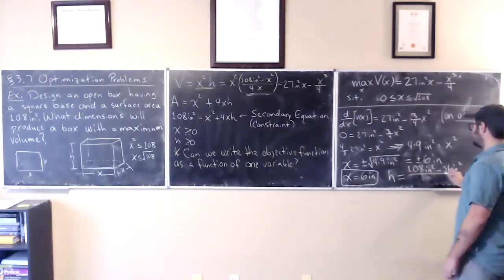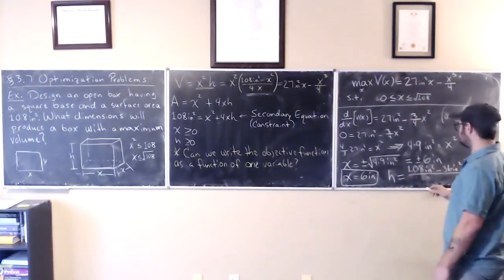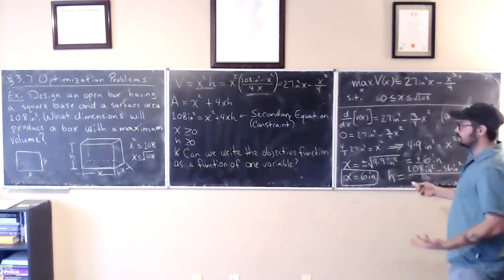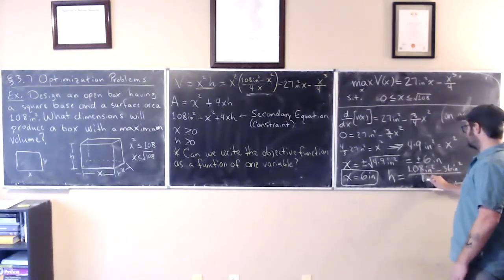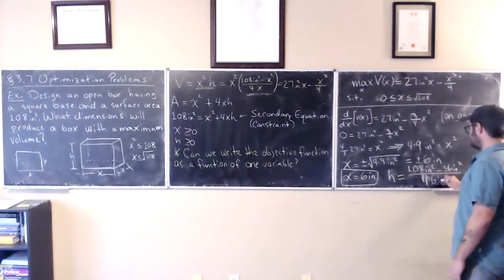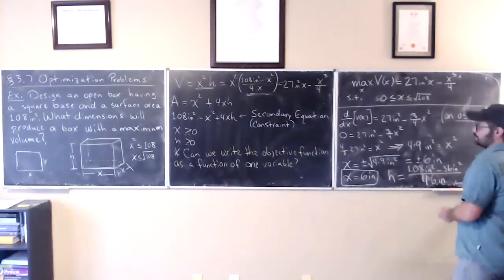I'm keeping the units to make sure that everything aligns at the very end. If you ever get that the units don't make sense, you know you probably made a mistake somewhere in the formulation. 4 times 6 inches.